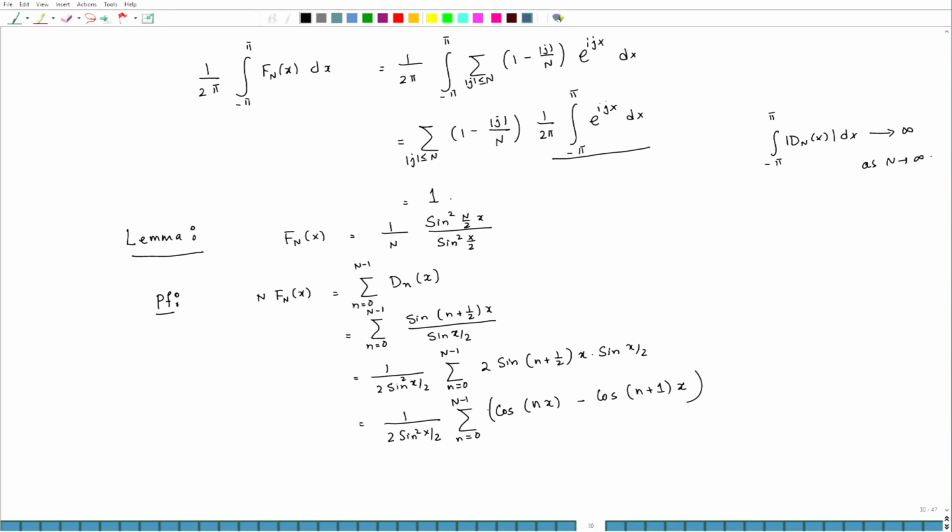Now, this is a telescopic sum. Therefore, only the first and the last term are going to survive. Therefore, this is 2 by 1 by 2 sin square x by 2.